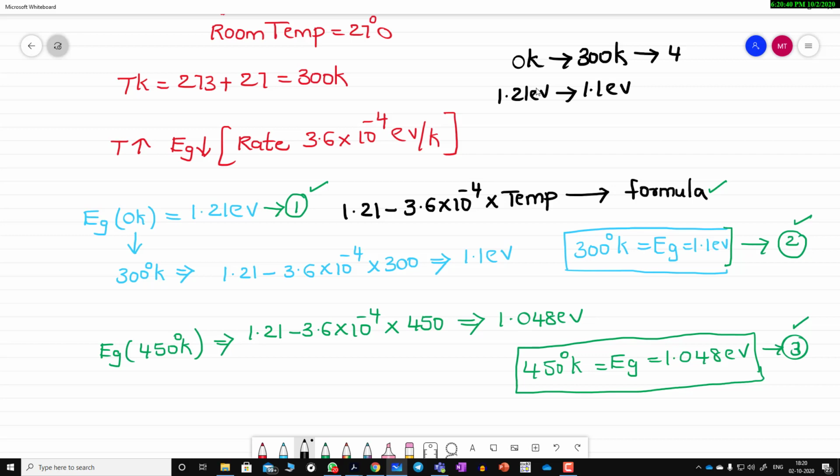Now if I increase the temperature from 300 Kelvin to 450 Kelvin, the value I got is 1.048 electron volt. So from here you can say that as temperature increases, energy band gap decreases. This is the rate at which it decreases, 3.6 into 10 power minus 4. Thank you.